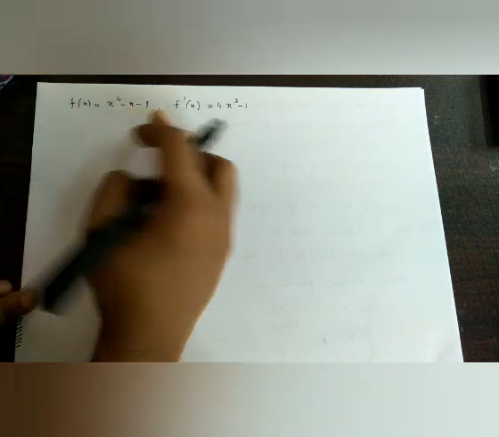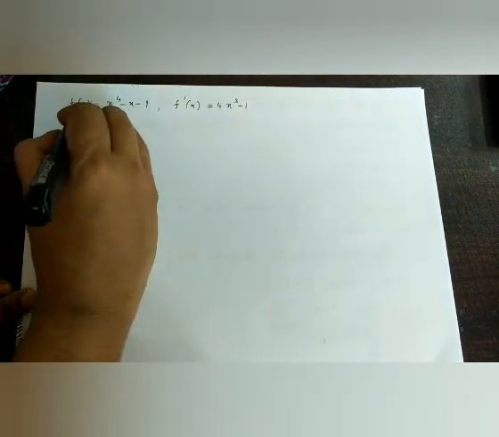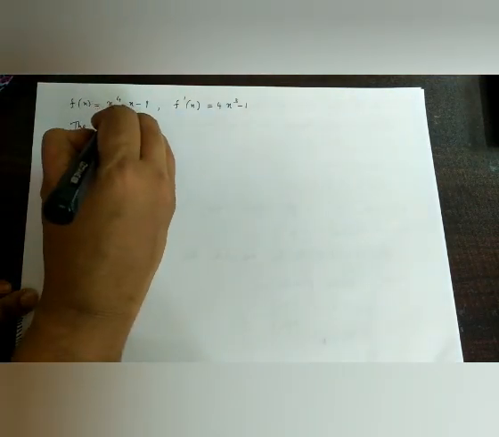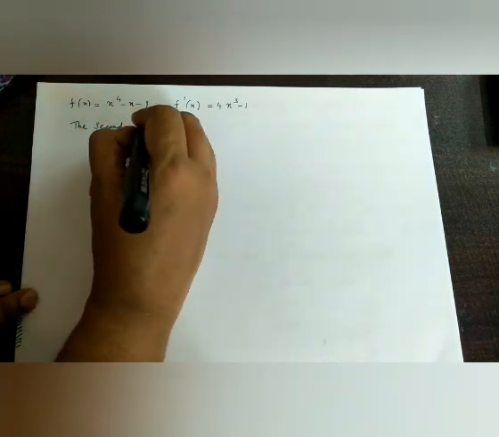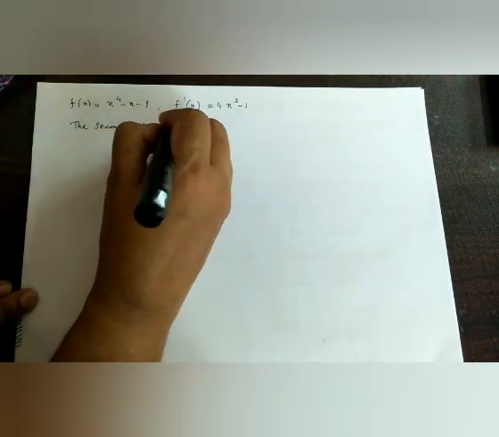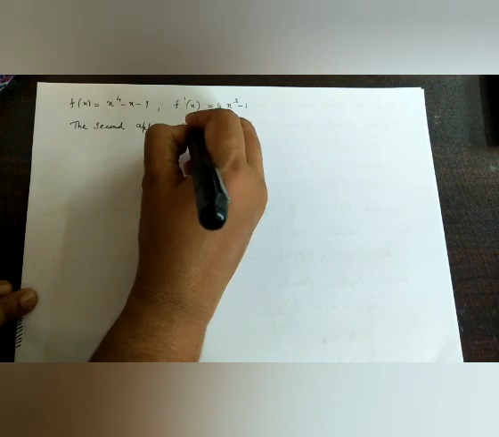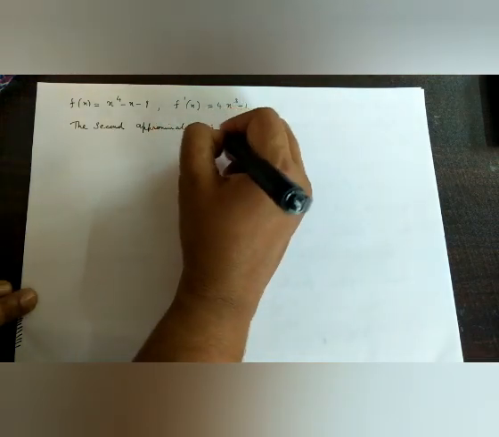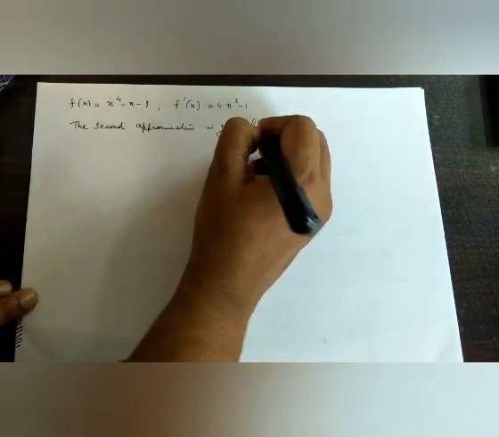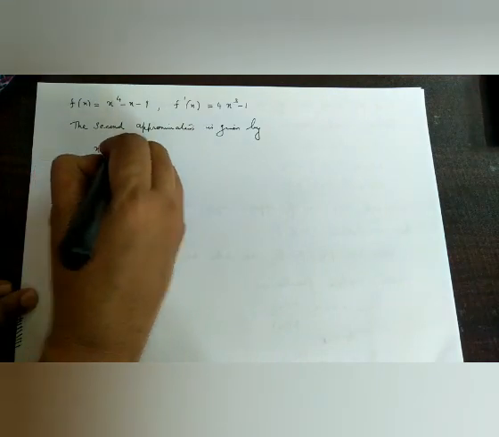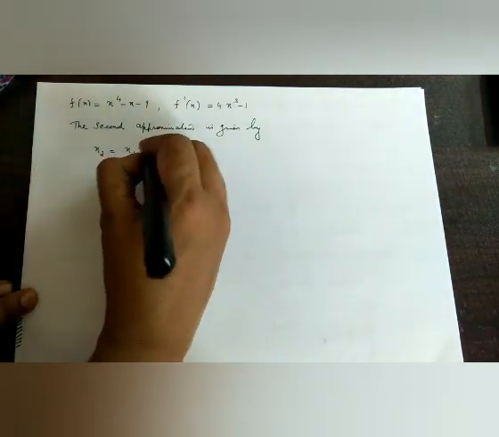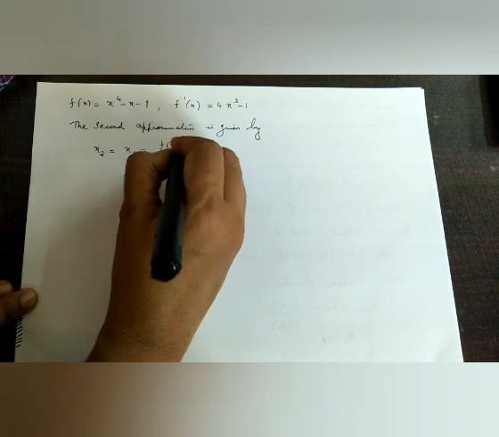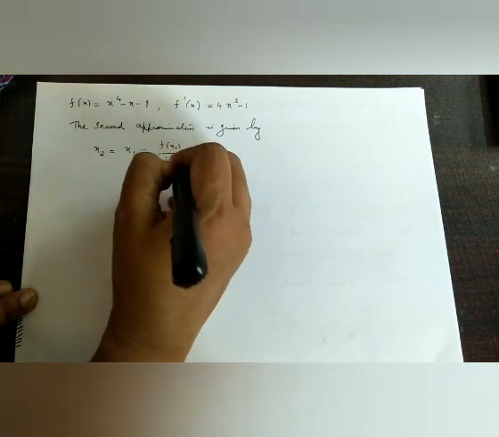Now the second approximation is given by x2 = x1 - f(x1) / f'(x1).